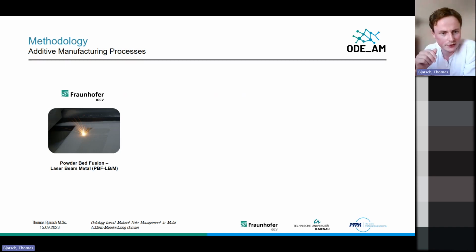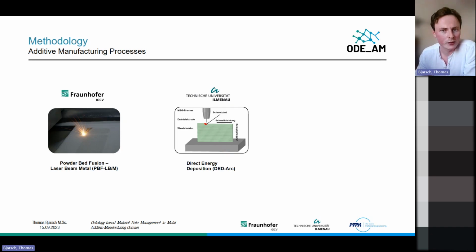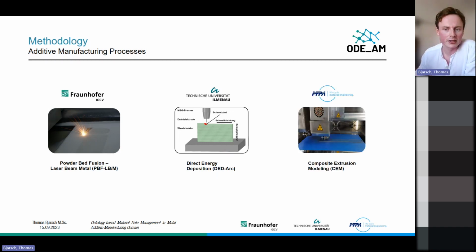The first one, here at the institute, is the PBF-LB process, where you have metal powder which gets molten using a laser. At TU Ilmenau, we have the DADAC process, where you have just a wire which gets molten. And at MFPA, you have the CEM process, where you have a mixture of polymer and metallic granulate, and this then gets extruded.